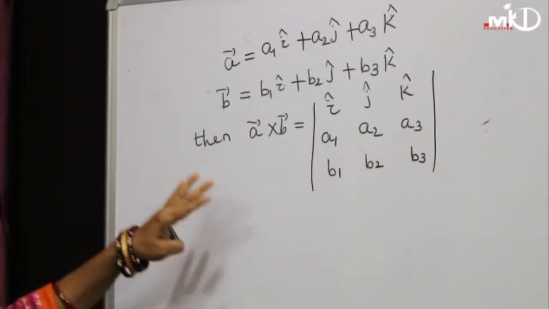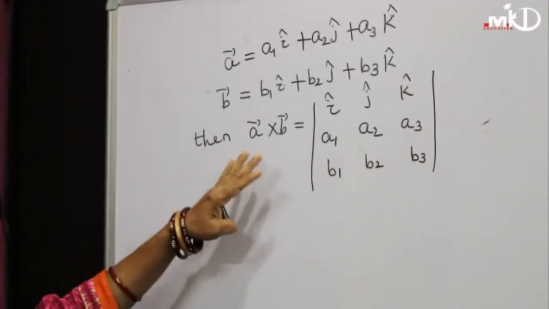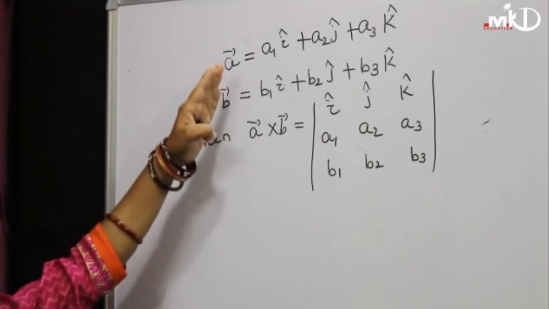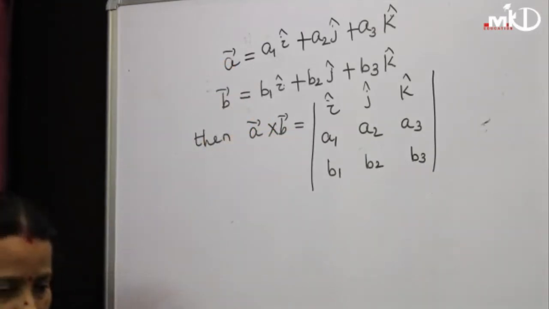So this is the formula to find the vector product when we express the vectors by their components.